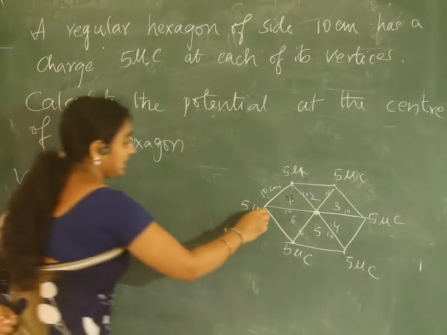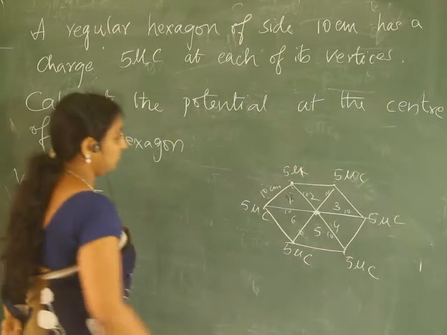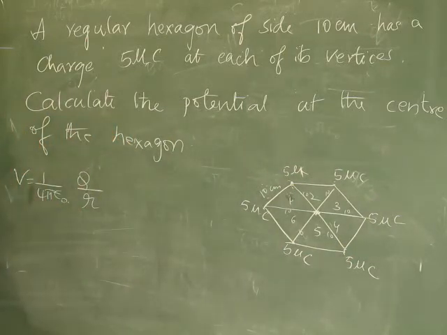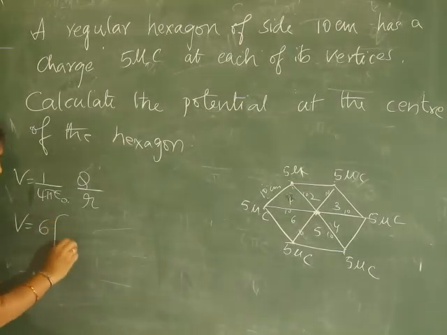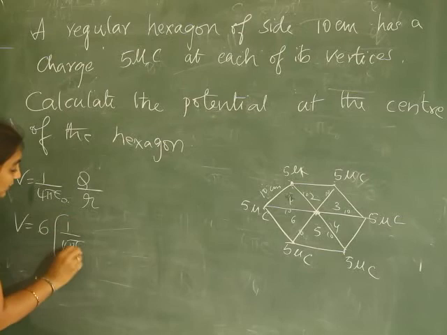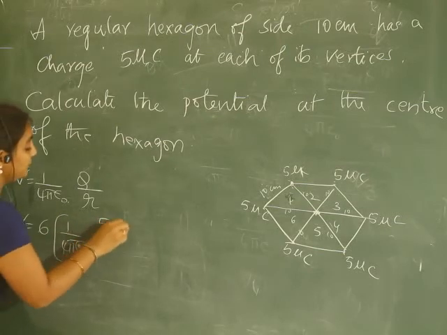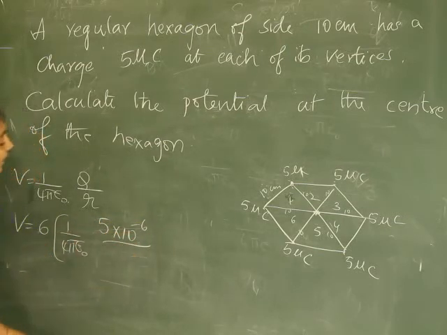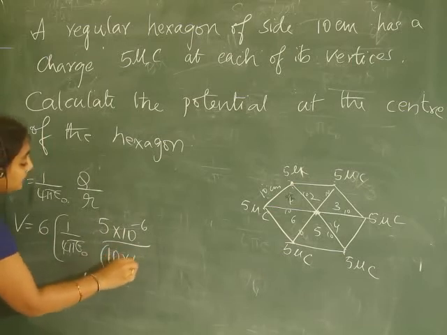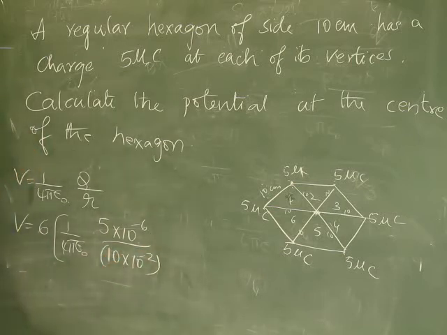So for each you have to find out. Since all the charges are the same, I can write V is equal to 6 charges into 1 by 4 pi epsilon naught, 5 micro, R is nothing but 10 into 10 to the power minus 2. 10 centimeter.